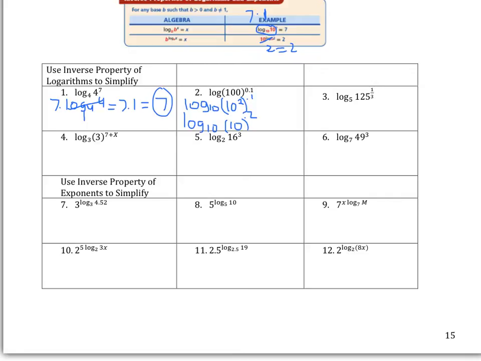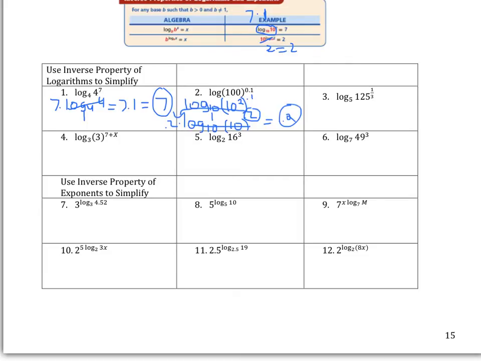And then we look at log base 10 of 10 to the 0.2. The 0.2 actually is the power, so that moves in front. We have 0.2 times log base 10 of 10. Log base 10 of 10 is 1. 0.2 times 1 is 0.2.